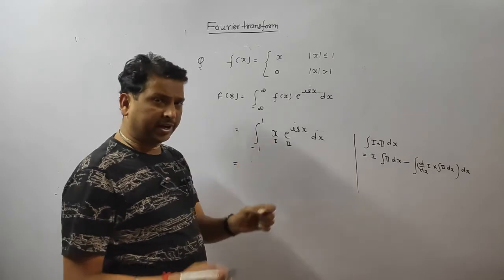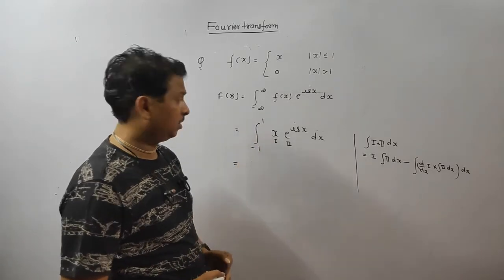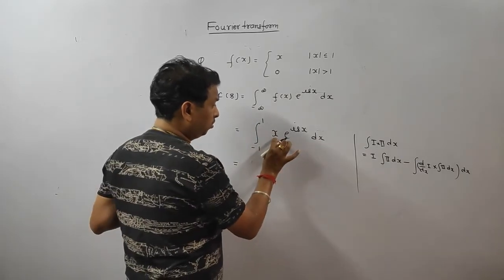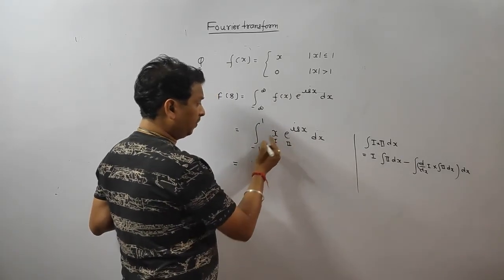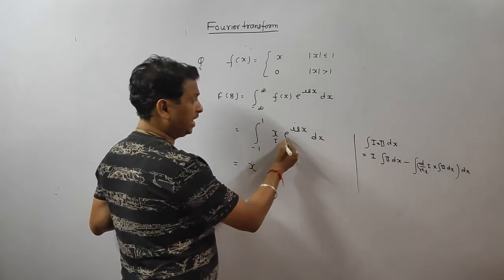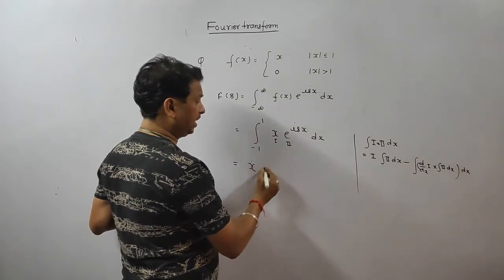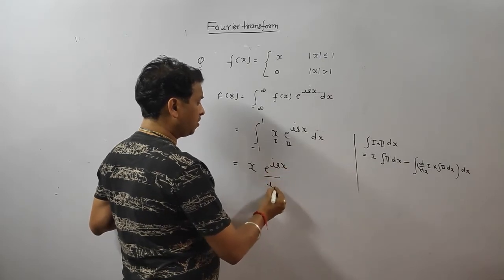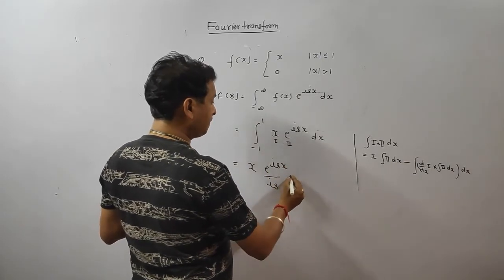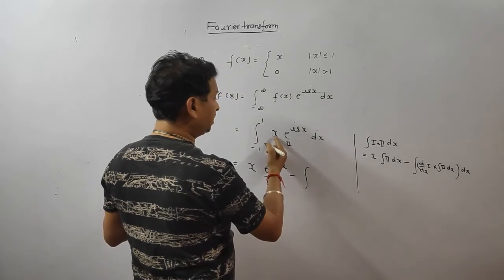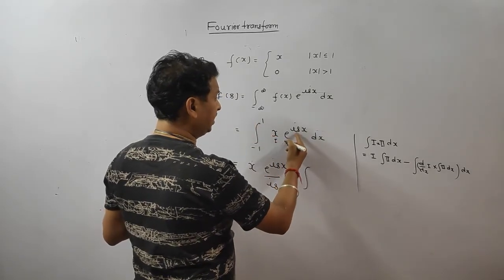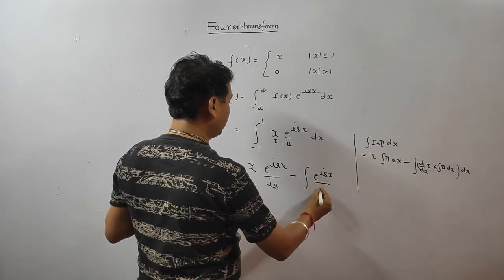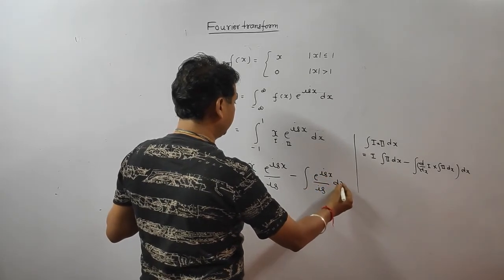Limit, I will tell how we can minimize the errors, that I will explain here. So first function same to same, x, e to the power iota sx upon iota s, minus the differentiation of x, which is 1, its integration e to the power iota sx upon iota s, dx.